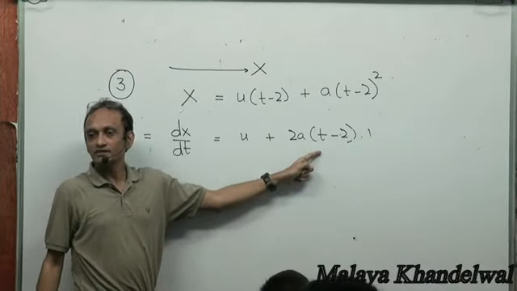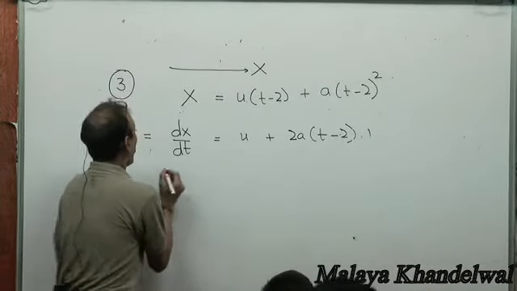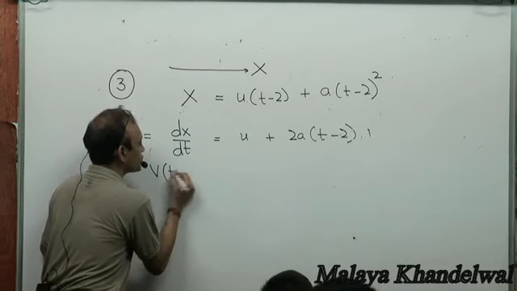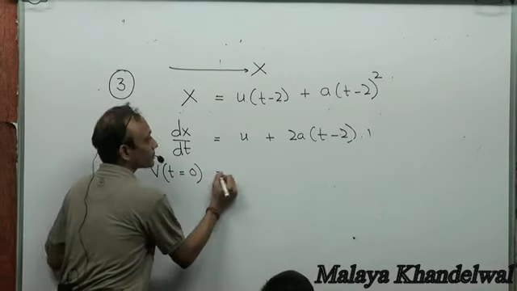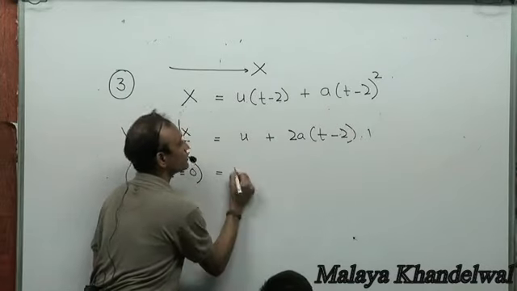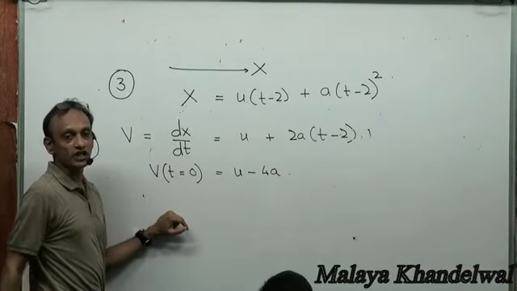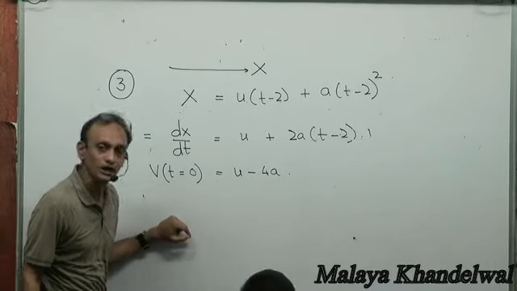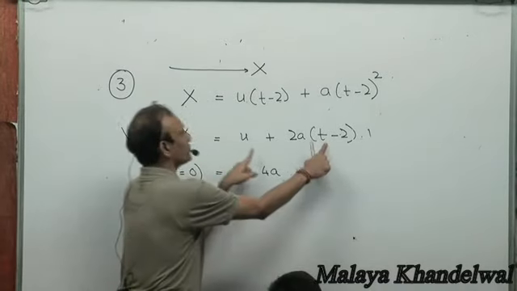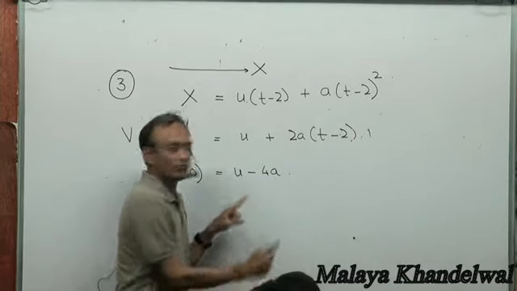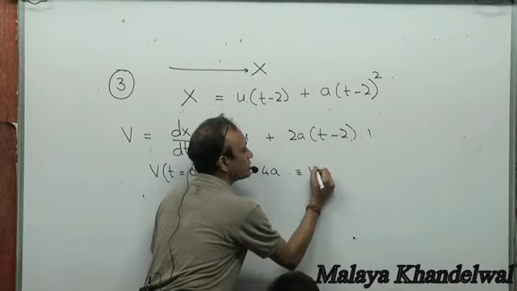Yes or no? So the velocity at time t equal to 0, just plug in t equal to 0 here, you get u minus 4a. u minus 4a is the velocity at time t equal to 0, referred to as the initial velocity.